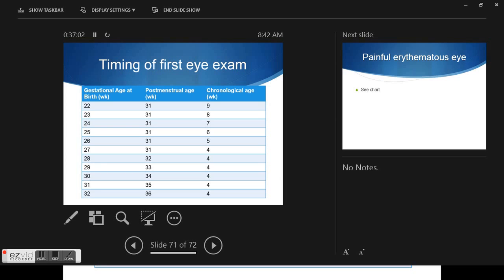So I didn't really talk about corneal abrasions, but if you suspect a corneal abrasion, the best way to detect if there is an abrasion of the cornea, you guys know, is with the fluorescein dye. And then you can give them the particular drops to decrease the pain.